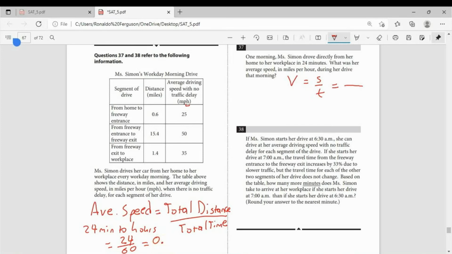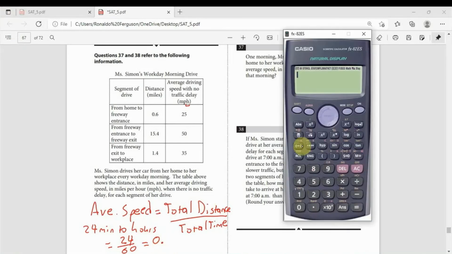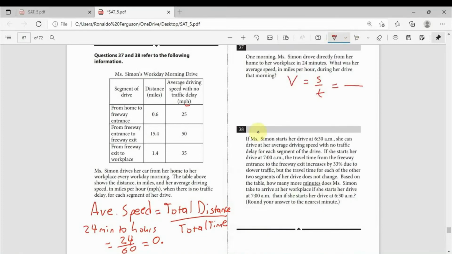And 24 over 60, that's 0.4. Is that 0.4? 24 divided by 60. Yes, 0.4. That's how many hours she took, 0.4 of an hour. Now the total distance she traveled is all of this, guys. If you add it up, that's her total distance. The 0.6 plus 15.4 plus 1.4, that's 17.4.